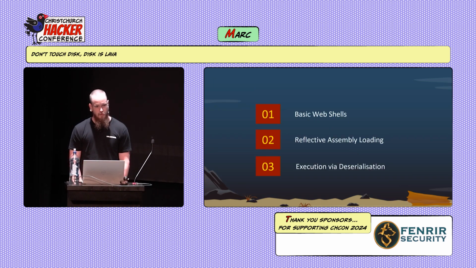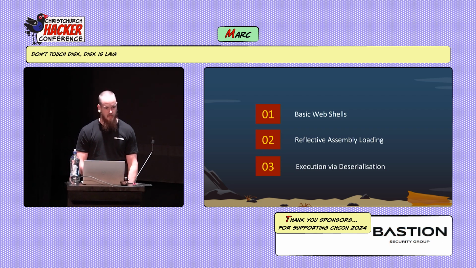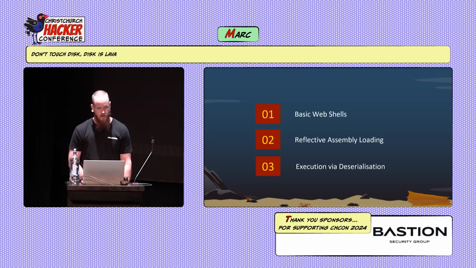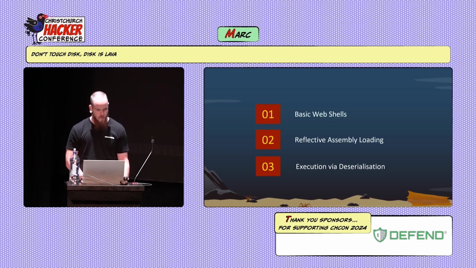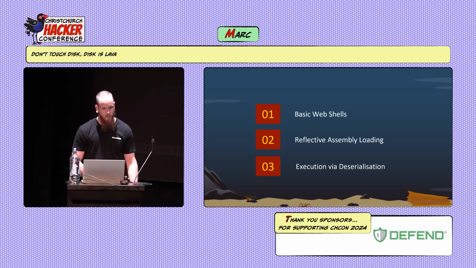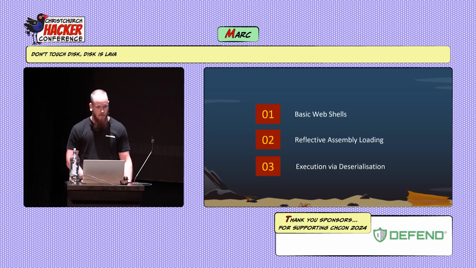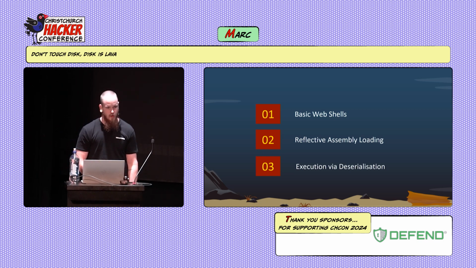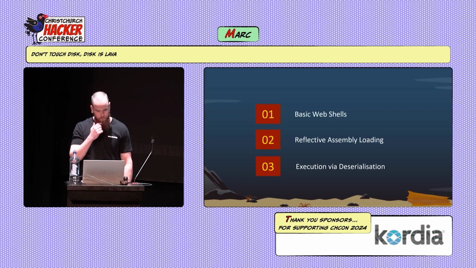As we go through the presentation today, we're going to look at 3 types of web shells. As we step through them, we'll be increasing in maturity in the approach. We'll start with the basic web shells, which we've all probably used for capture the flags or even pen testing. These are web shells that spawn a child process like cmd, and then just return the output to the operator from the standard output.